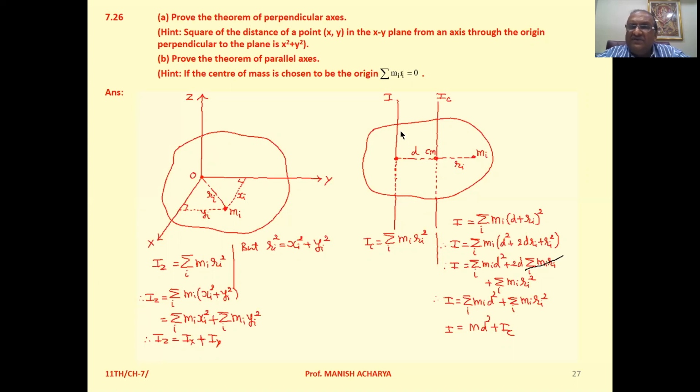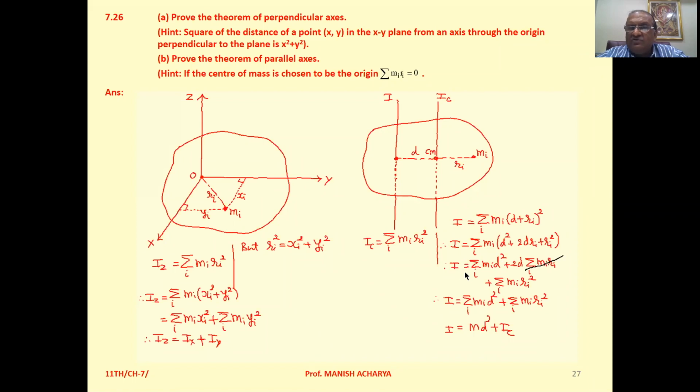So the moment of inertia is mi into (d plus ri) whole square. For each and every particle, if we take the moment of inertia and then the summation, then I equals sigma i mi (d plus ri) whole square, which is d square plus 2d ri plus ri square.